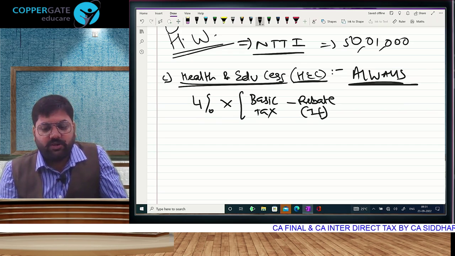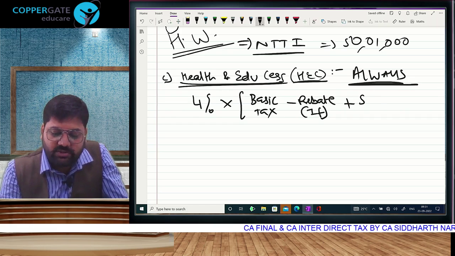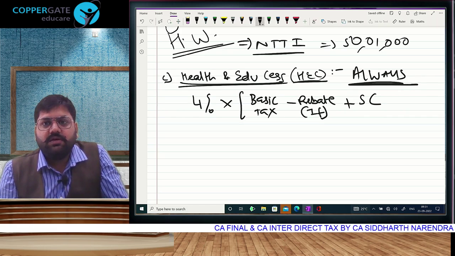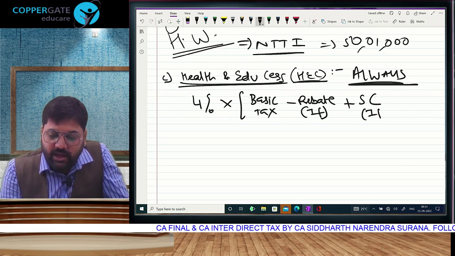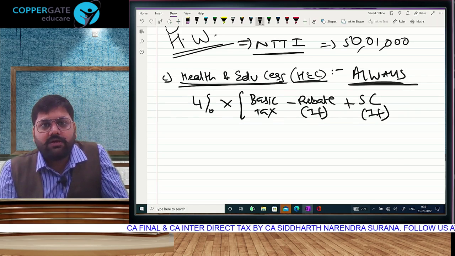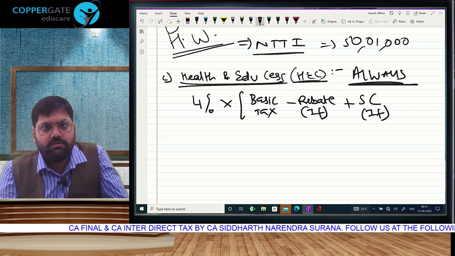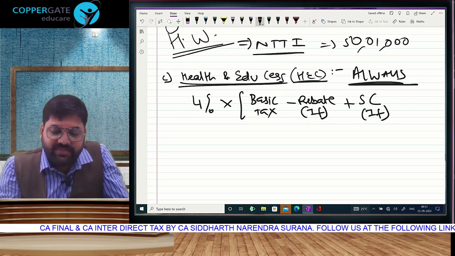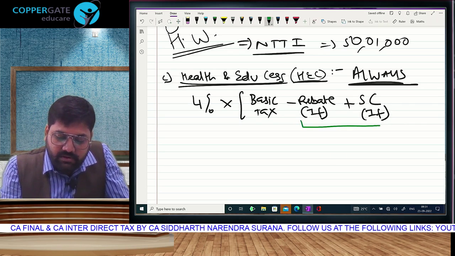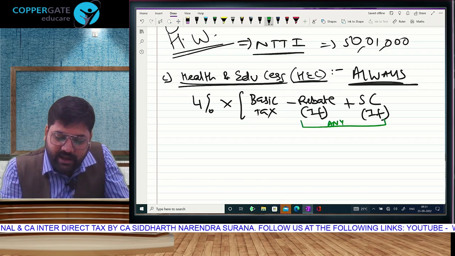Alternatively, it is also possible that the assessee is a case of surcharge. This also, if any, it may not come always. Only those who have crossed 50 lakh rupees come on, yes or no. But one thing I would like to definitely tell you, that between these two, it can be any one.